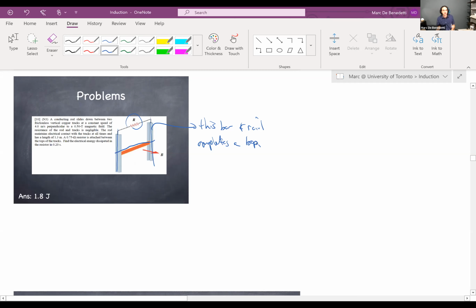That means current can flow through this loop. And because it's vertical, gravity obviously will pull on the bar, and because there's nothing holding up the bar it will fall. So since this is in an external B field, as indicated in the picture, as the bar falls, we are changing how many field lines are going through the enclosed area.